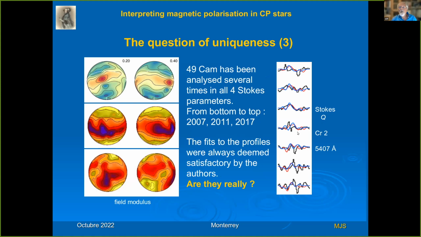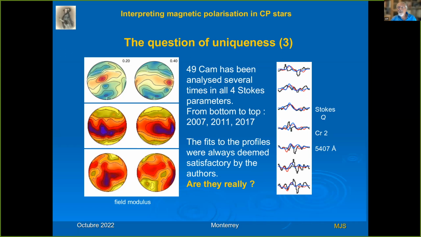But if you look, for example, from 2017, if you look at Stokes Q for a chromium line, the observations are this histogram, this black curve, and the best fit with multipolar, with the spherical harmonics, is the blue line. But you see there the blue line goes just in the opposite direction from what the observations are.